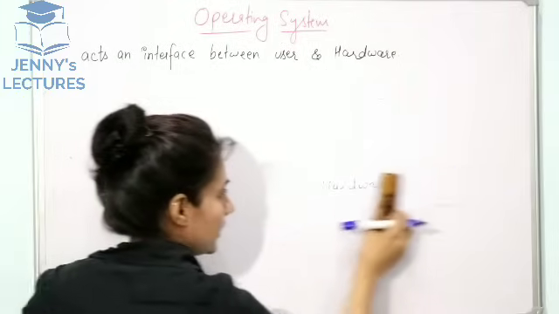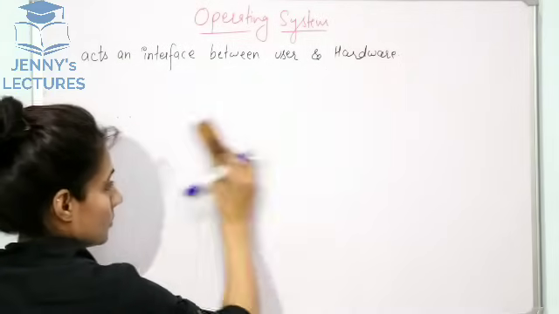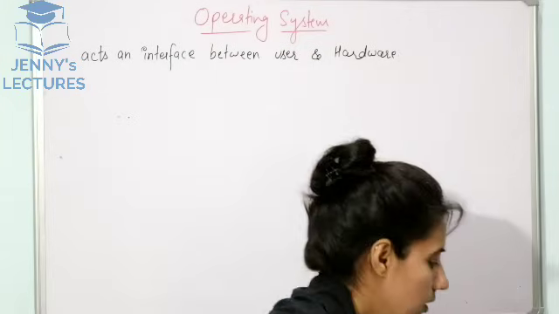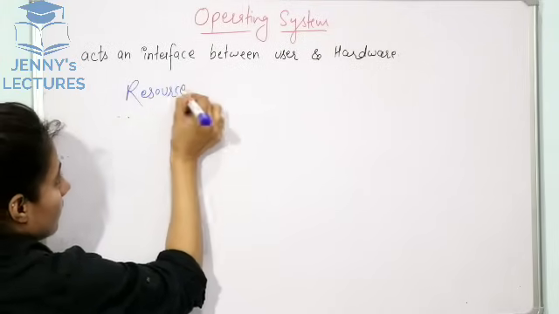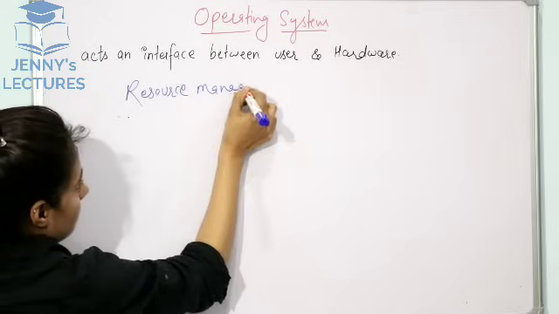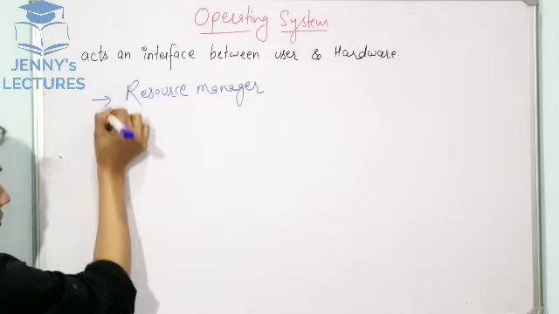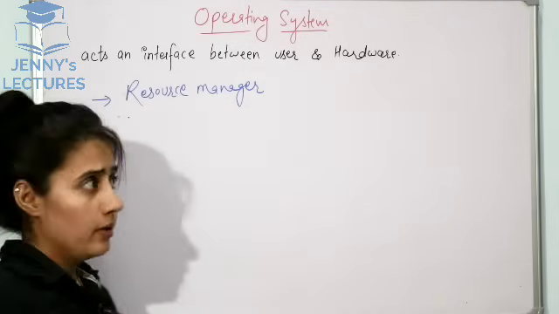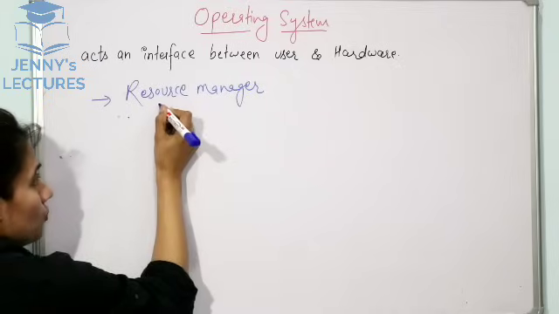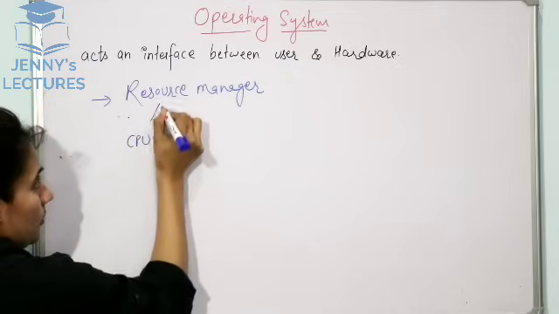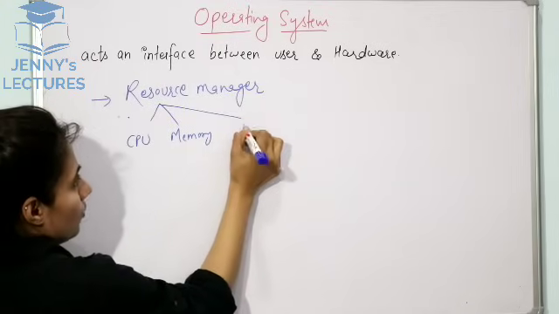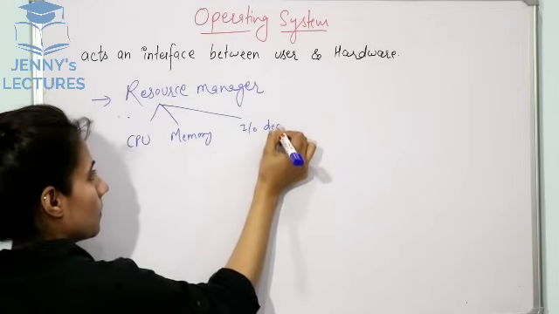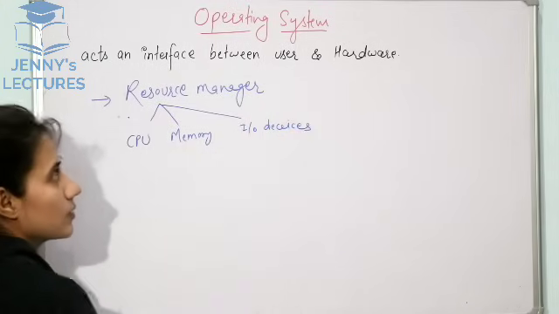Now, what are some basic functionalities of the operating system? The first one is that it is a resource manager, or resource allocator. What do resources mean? It may be the CPU, memory, or some IO devices.